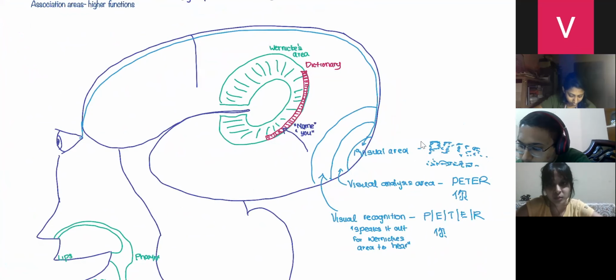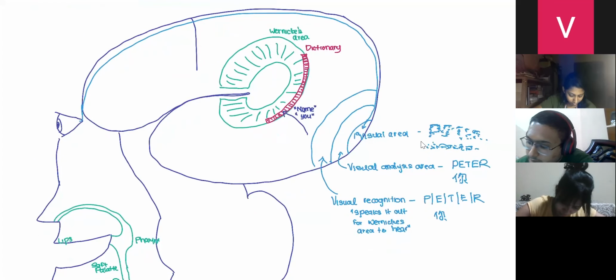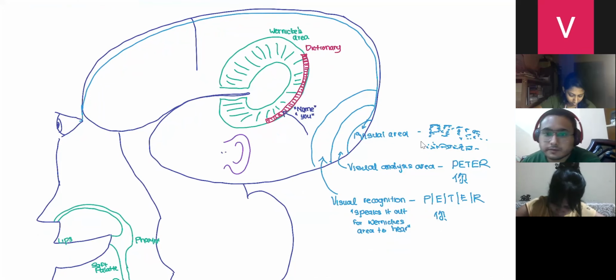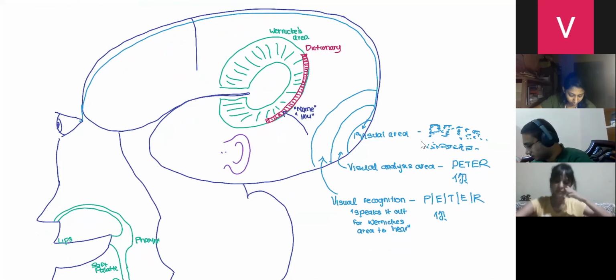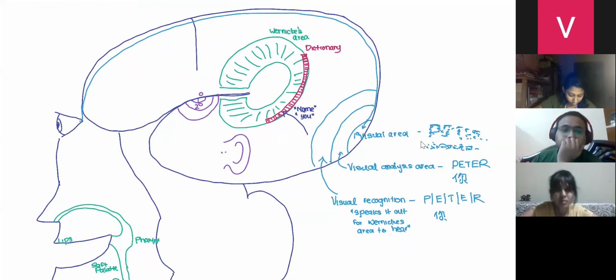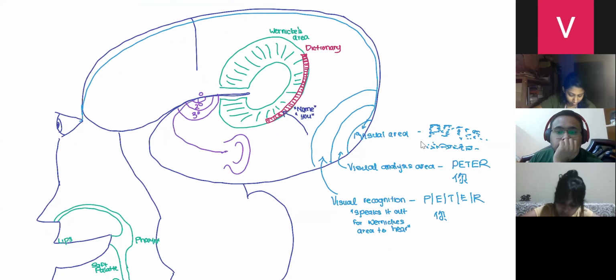Let's talk about the auditory input. See, the thing is, I can't draw ears, so I'll just draw the ears here. Now the ears will send their signals to the primary auditory area, that goes to the association areas and to the tertiary areas. Primary, secondary, these are basically the association areas.